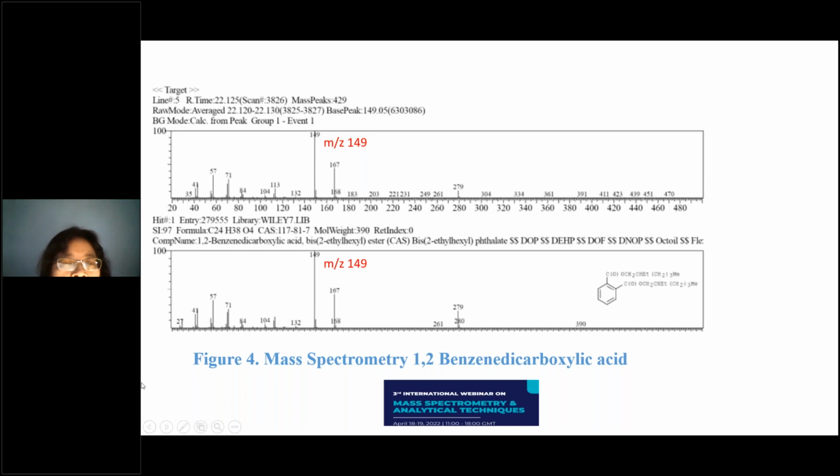Mass and ion 149. This is maybe the structure of benzene dicarboxylate acid. We can show here 97%. This is benzene dicarboxylate acid.